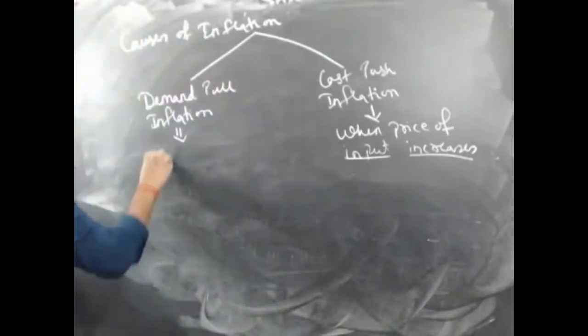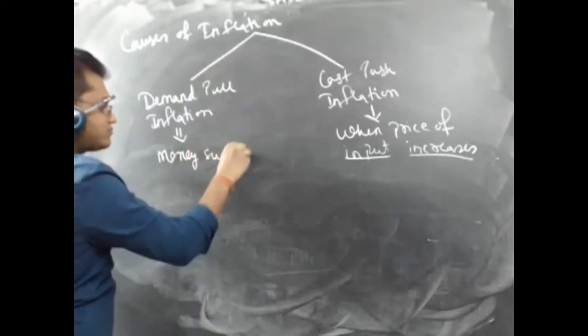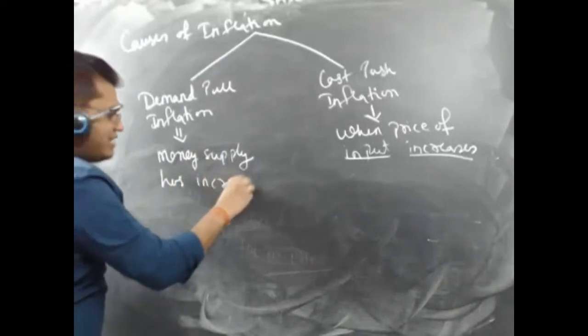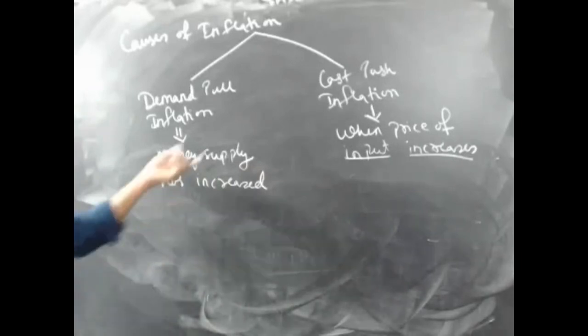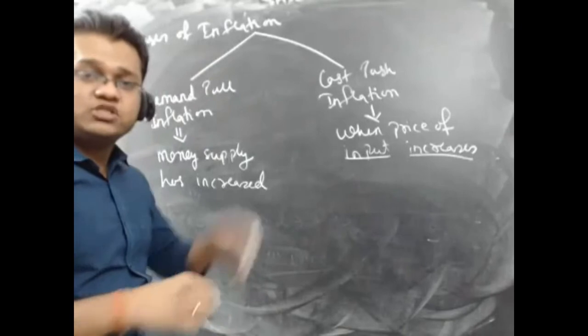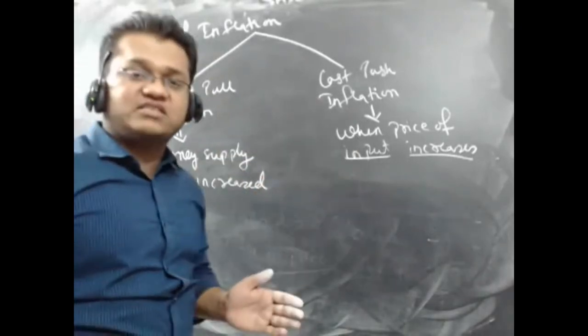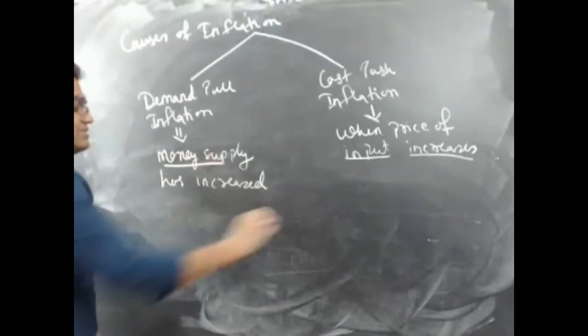Money supply in the economy has increased. If the government had not printed more money, you would not have got extra money to increase the demand. If your salary has increased, if you have created a situation of excess demand, then you are able to do so because money supply has increased.